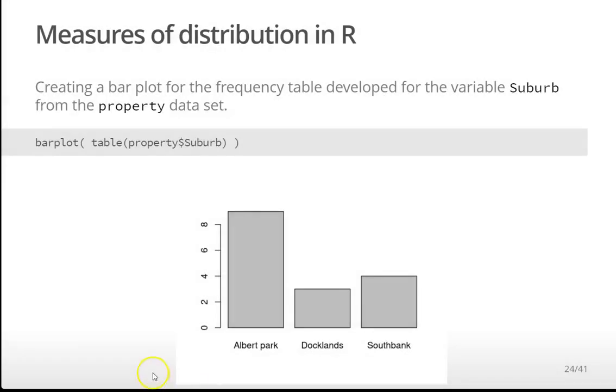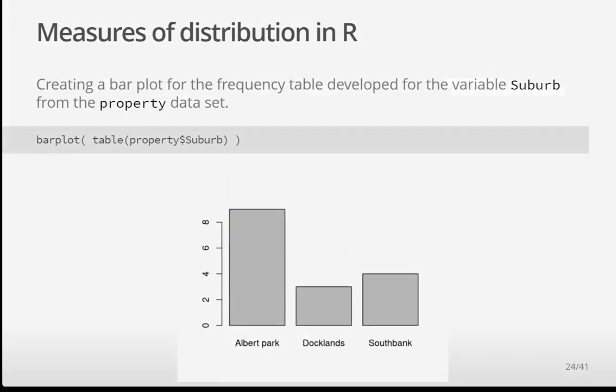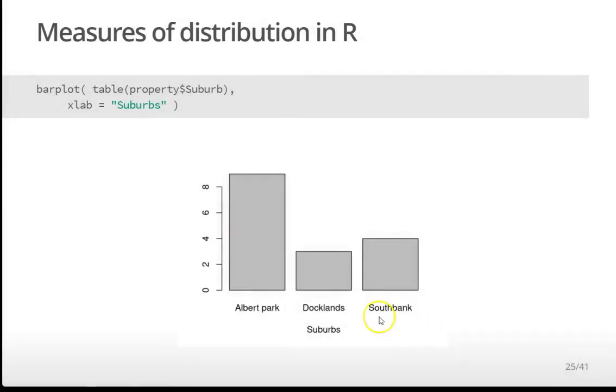The first step is including a table. So the input should be a table, not a column. I already developed a table for different suburbs. If you can, you should remember that there were 9 in Albert Park and different numbers in different suburbs, right? The next step can be adding the x-axis name.